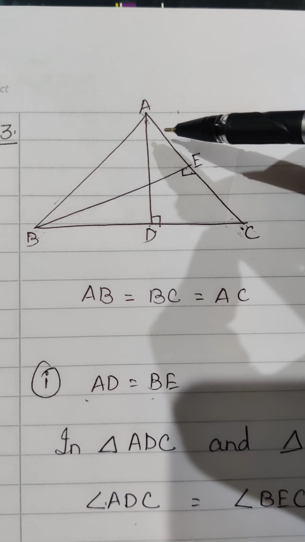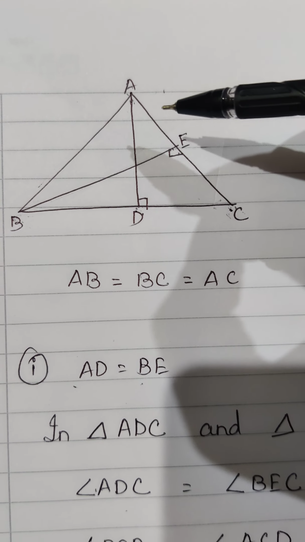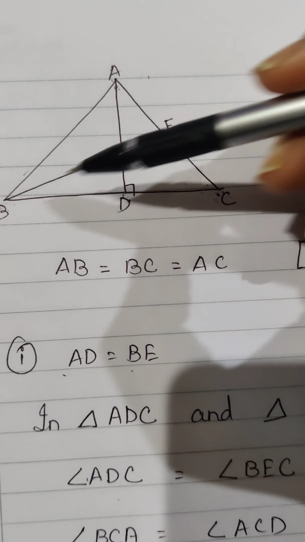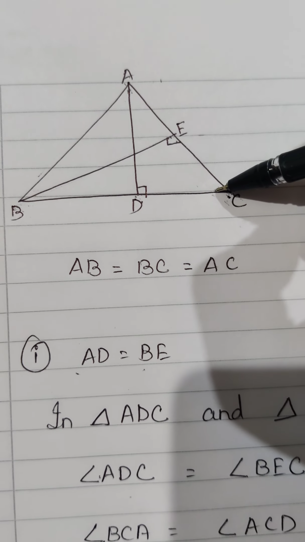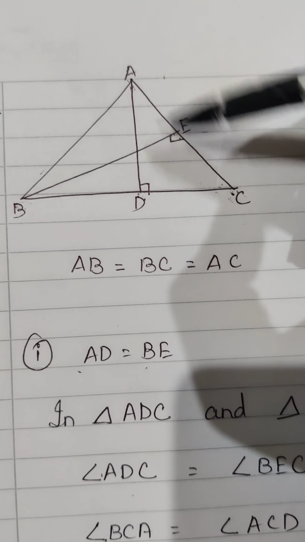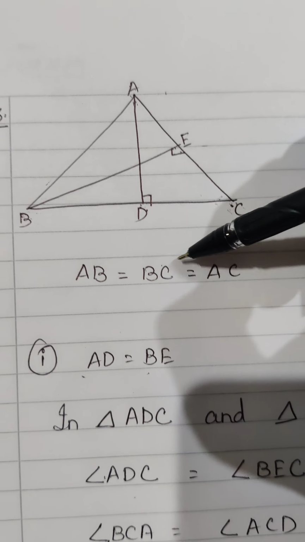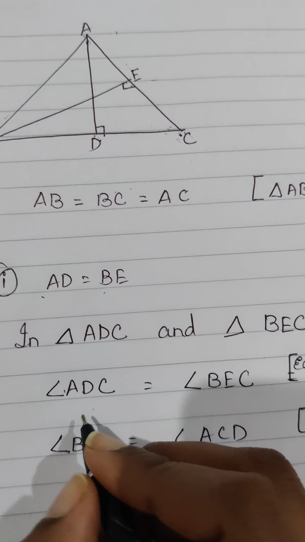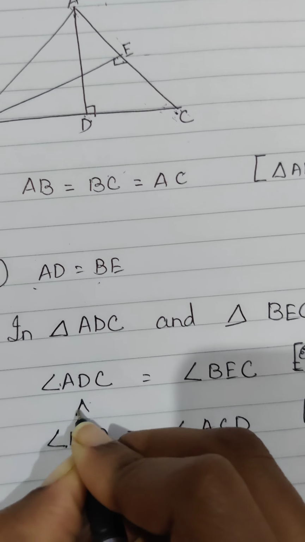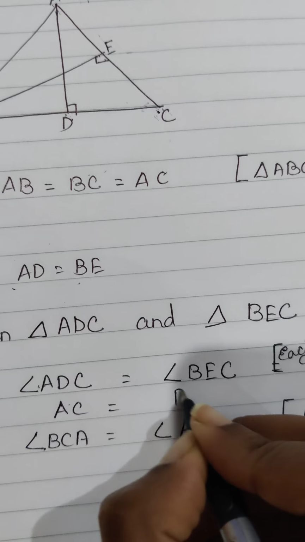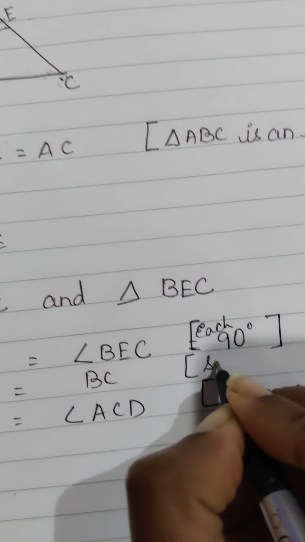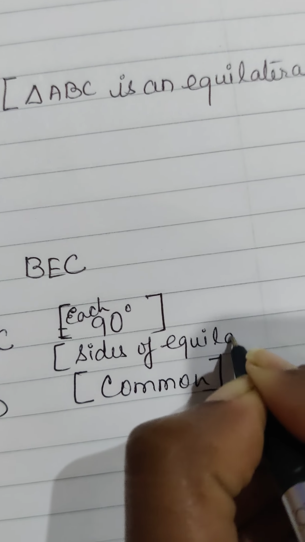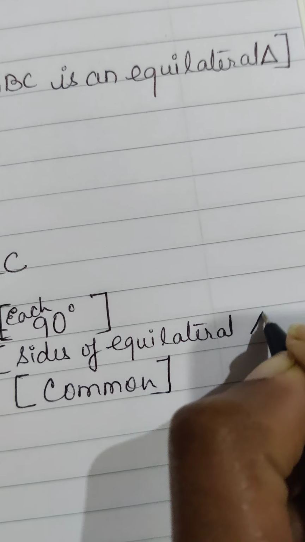Now let us see what we are getting. The next thing to prove it congruent, if you see line AC and line BC, they are the parts of the equilateral triangle. So line AC will be equal to line BC because this whole triangle is an equilateral triangle. So we can write AC is equal to BC, sides of equilateral triangle.